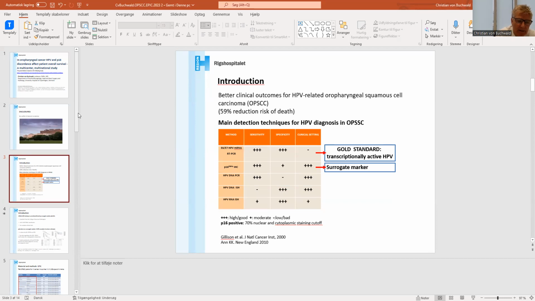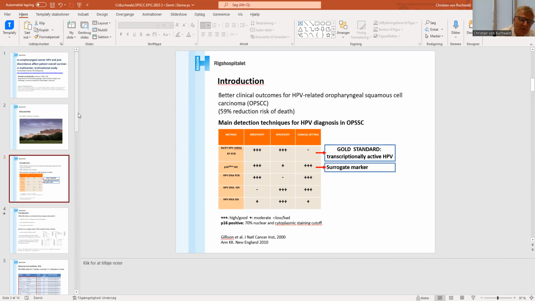We also have a staining cutoff of 70%, which means 70% of the nuclear and cytoplasmic staining should be positive. On the other hand, we also like to identify the HPV directly. The most used method, also in this study in more than 80% of the individual cases, has been HPV DNA PCR, which is very sensitive and very easy to set up in clinical hospitals as well.